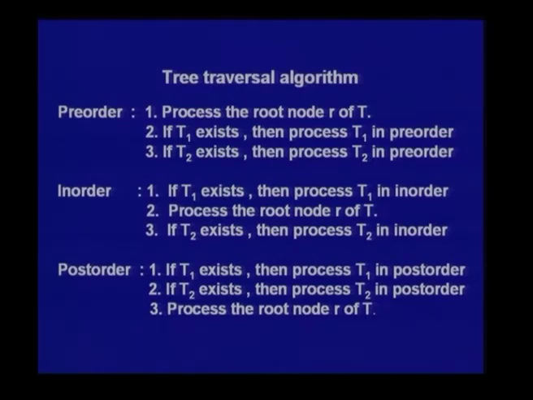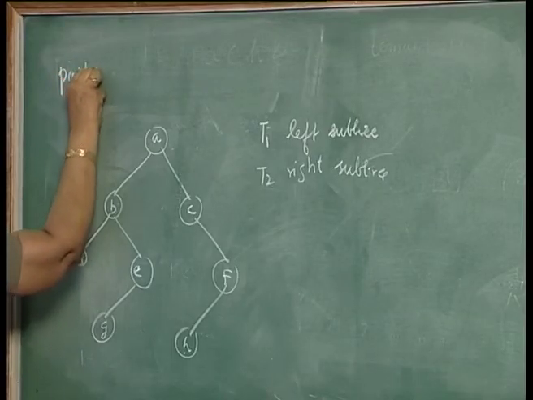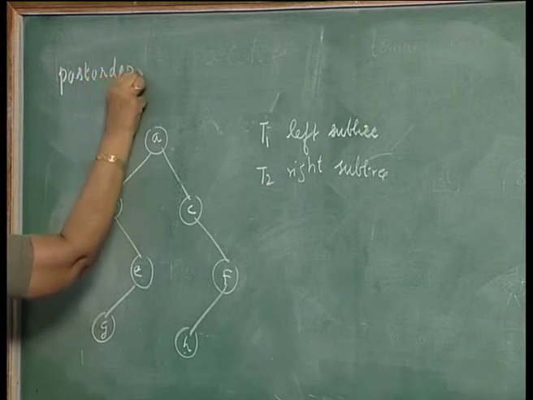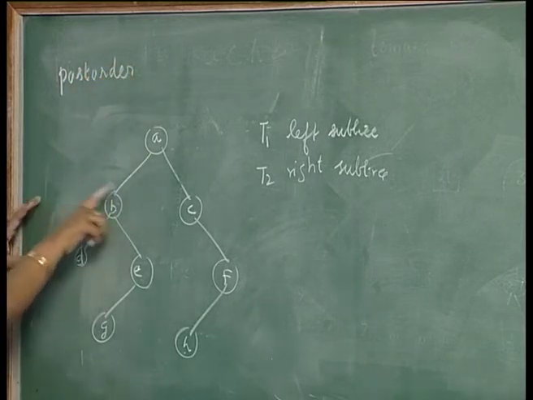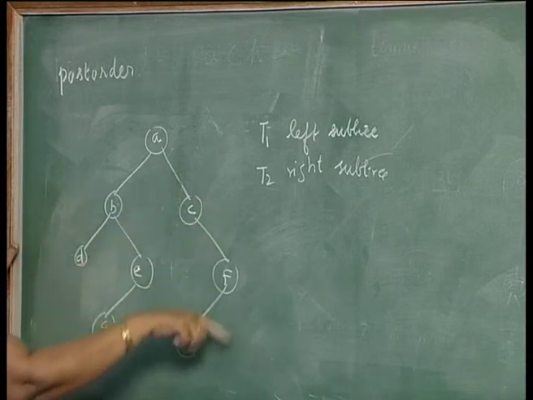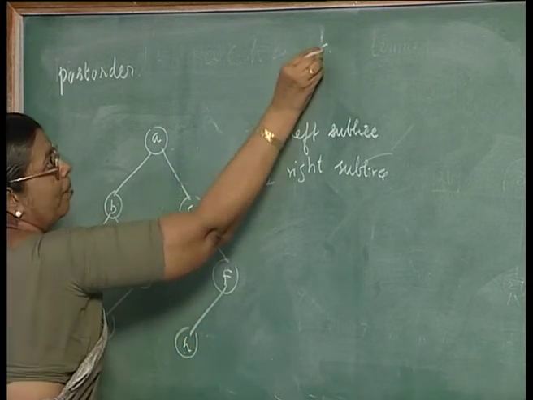So, take the same example, and if you want to traverse using post-order traversal, in what order will the nodes be visited? First the left subtree, then the right subtree, then the root. So, A will come at the end.